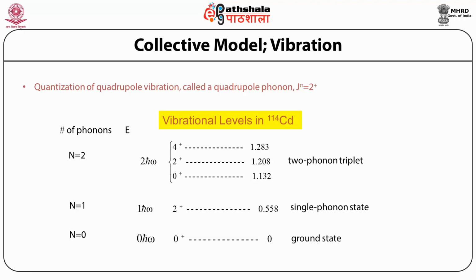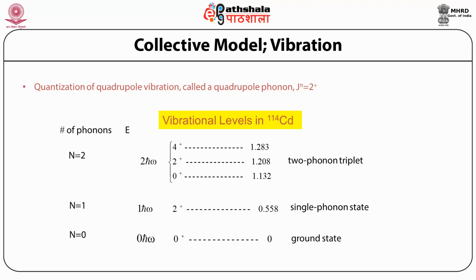Now here at the bottom of this slide, energy values are given for different numbers of phonons, and the situation is represented for n is equal to 0, n is equal to 1 and n is equal to 2. For n is equal to 0, the energy value will be 0 h bar omega. So we have the ground state as 0 plus.